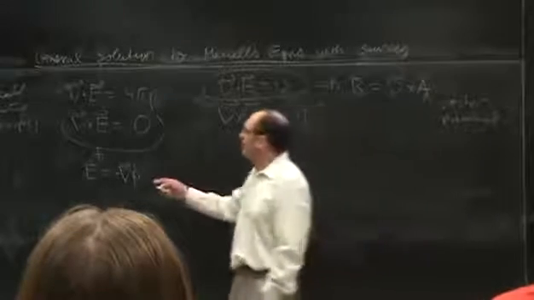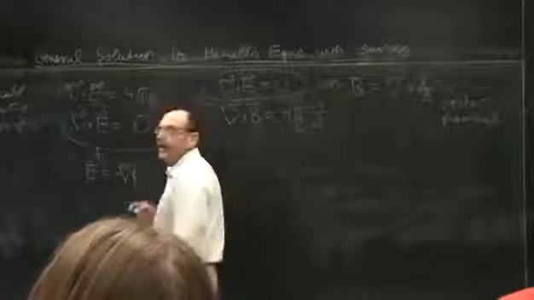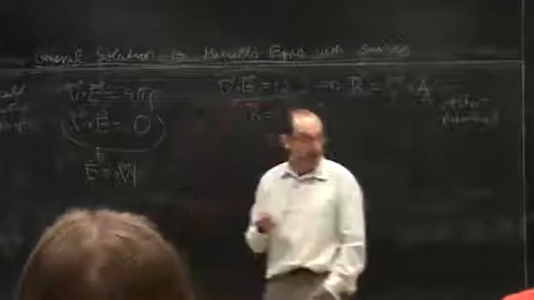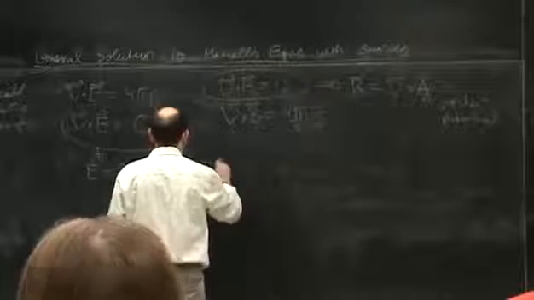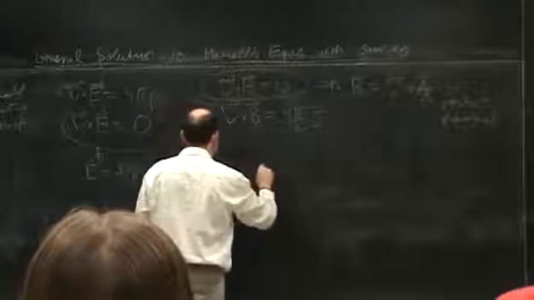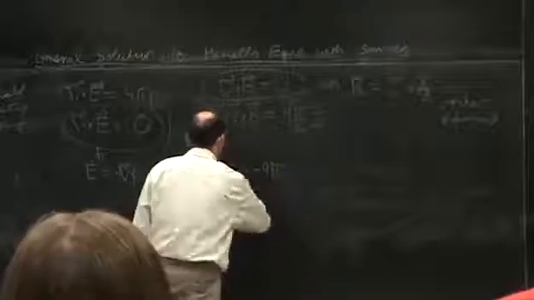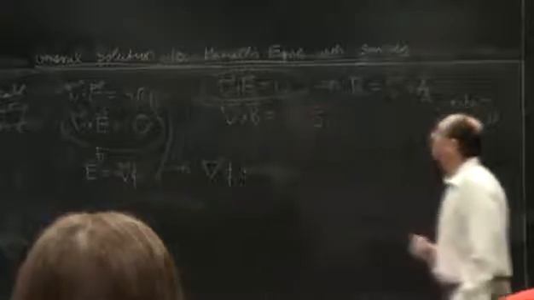Okay? And then we plug these back into the equations with the sources. And these two together told us then that the Laplacian of phi was equal to minus 4 pi rho.